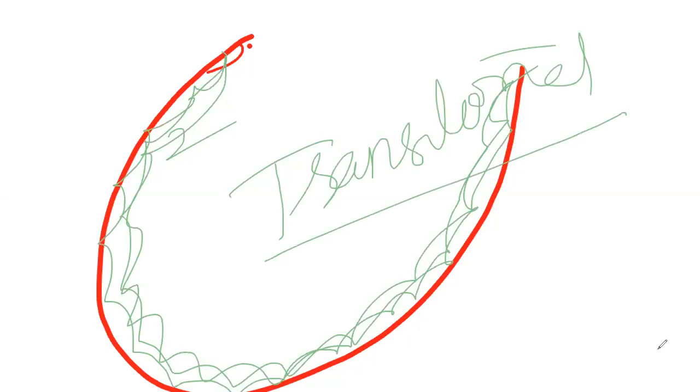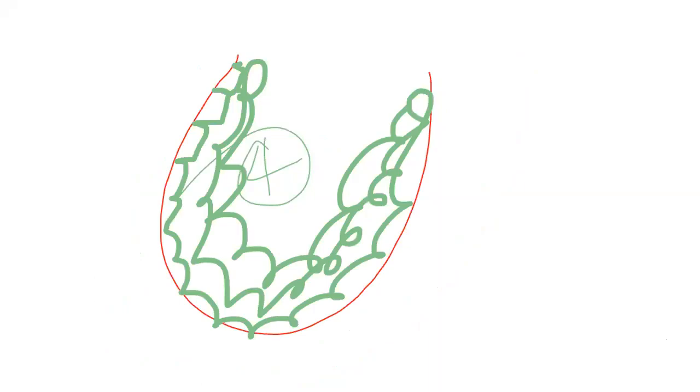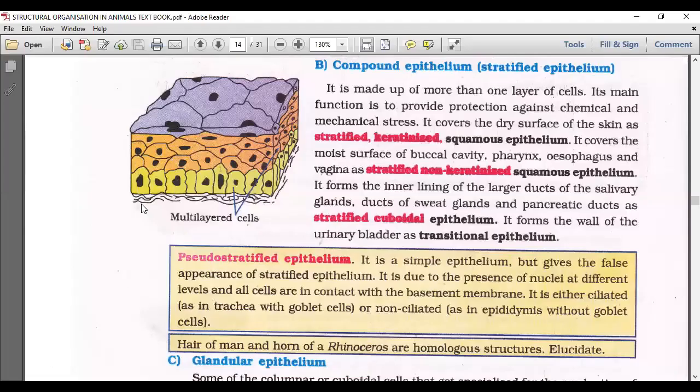So that's it about the compound epithelium that we have seen till now. Then let's go to the worksheet and see the examples of stratified epithelium there.